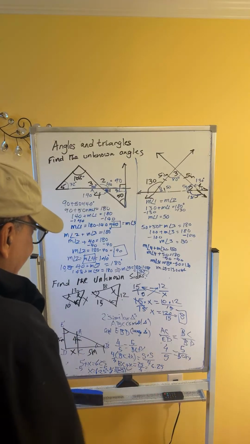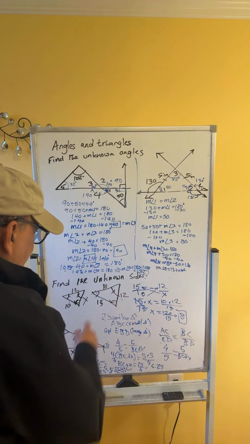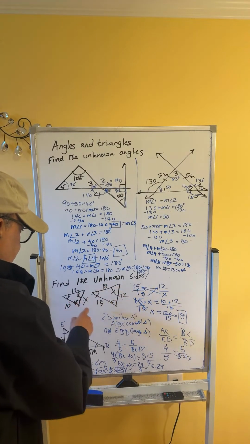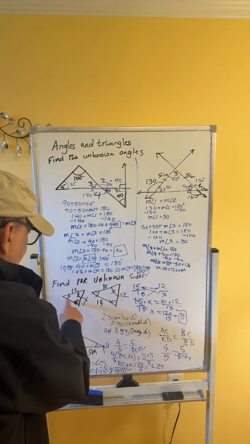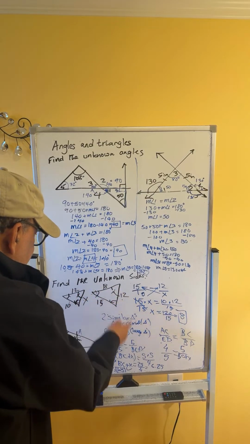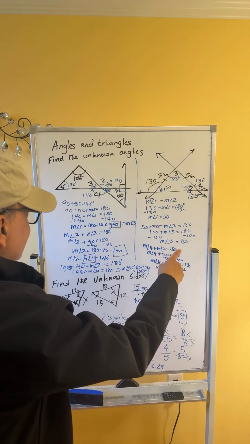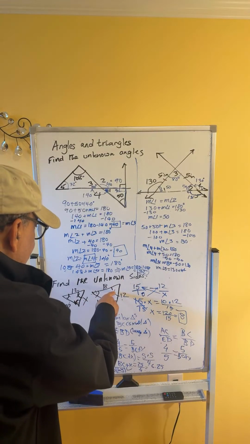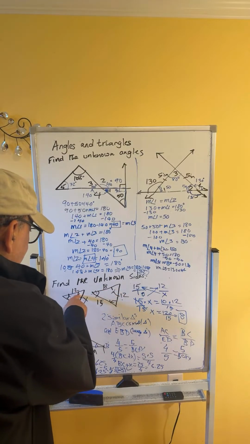and then we solve for X. This one also, we take ratios of 15 and 10. 15 divided by 10. 15 is opposite to this angle, and divided by 10, why? That's also opposite to this. Notice these two angles are equal. Same idea over here. You take the ratio of the two sides in two triangles where the angles are equal. 15 is opposite to this angle, and 10 is opposite to this angle.